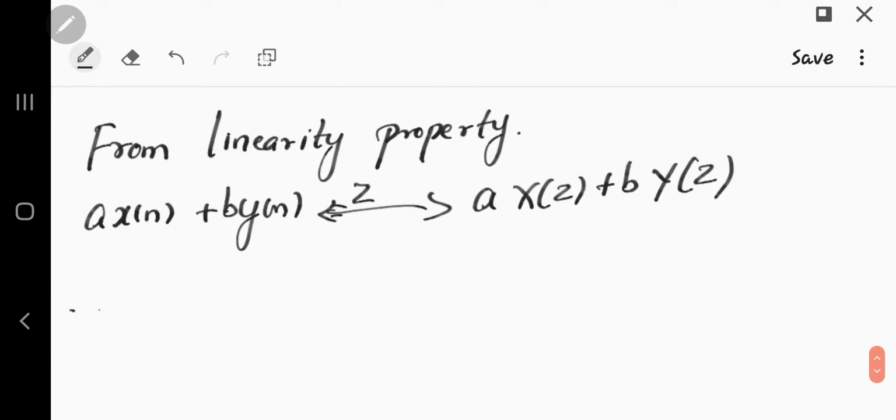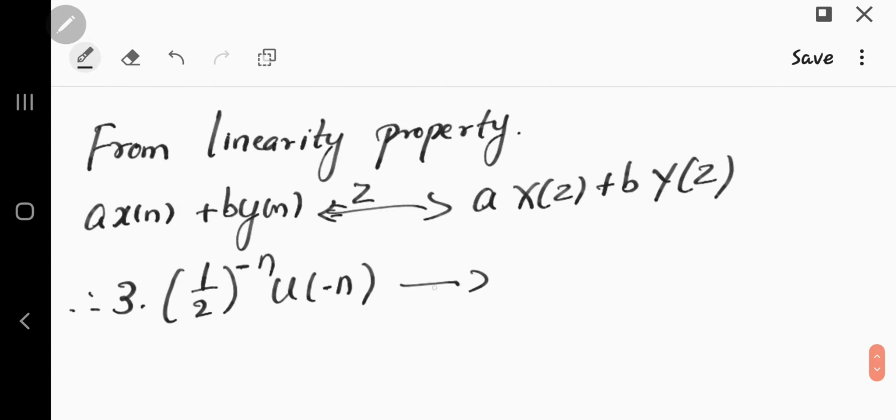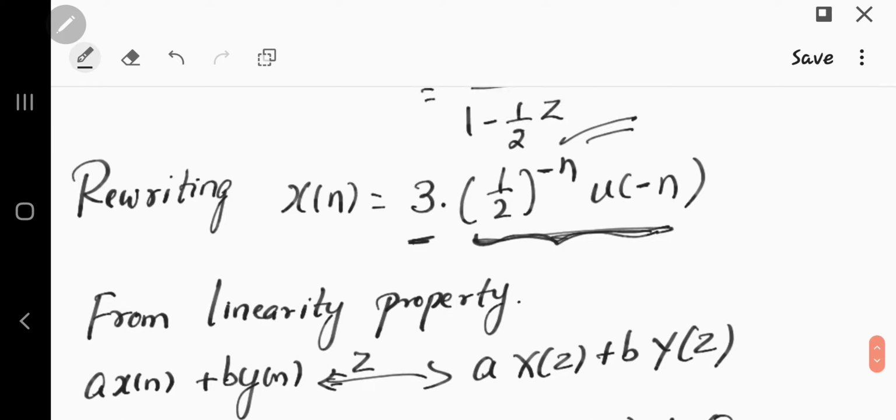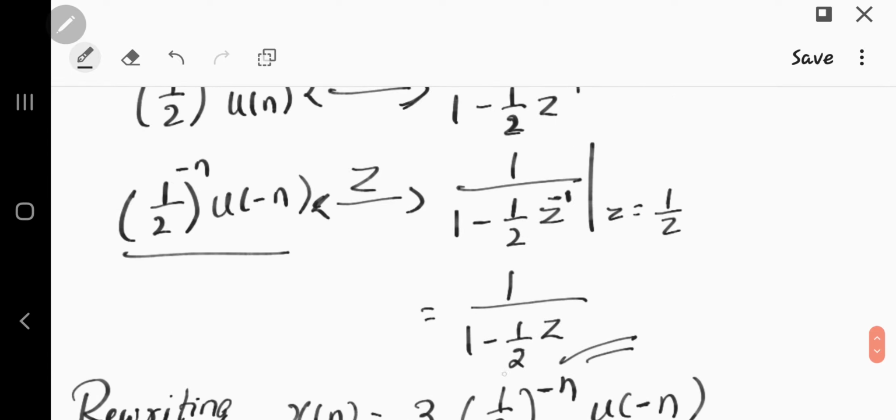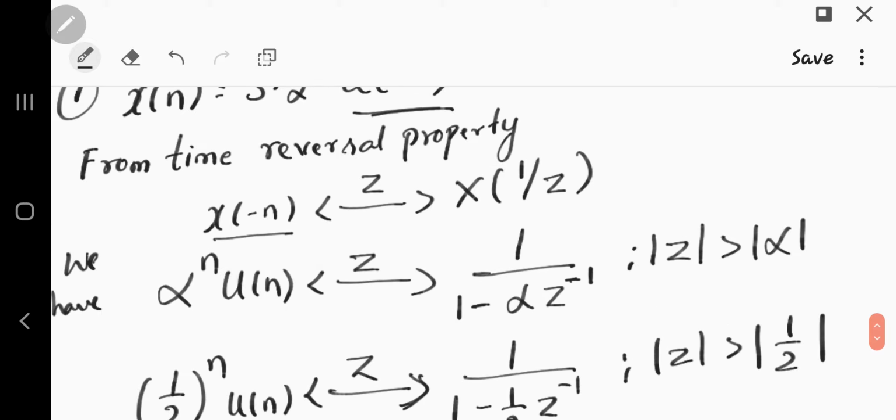Therefore, for 3 into 1 by 2 to the power of minus n into u of minus n, this can be written as 3 into x of z plus 0, because we don't have any y of z term. Now what is x of z? If you look at this term, this is our x of z, which we obtained for 1 by 2 to the power of minus n u of minus n after applying the time reversal property.